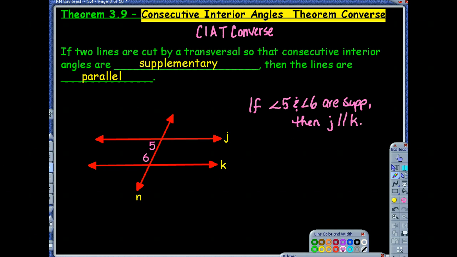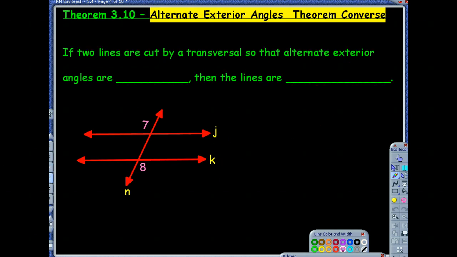And the last one, alternate exterior angle theorem, converse, with the acronym AEAT converse. If two lines are cut by a transversal so that the alternate exterior angles are congruent, then the lines are parallel. Yesterday we talked about how those alternate exterior angles were going to be congruent knowing the lines are parallel, so we're just doing the reverse.